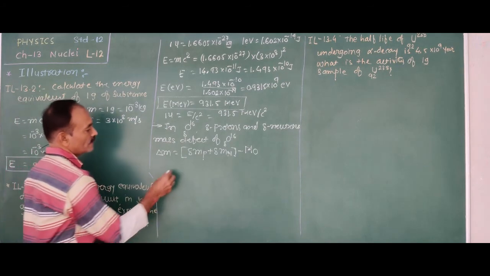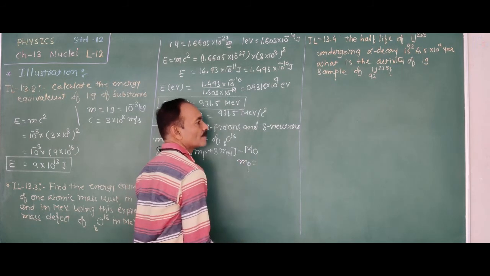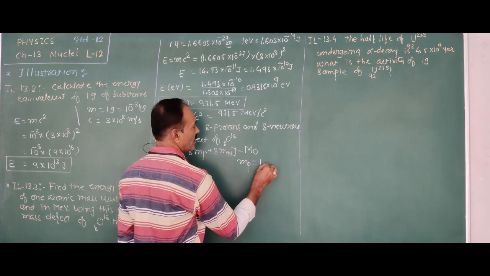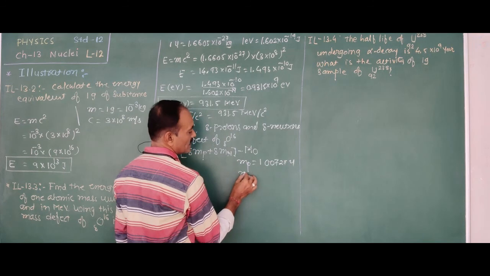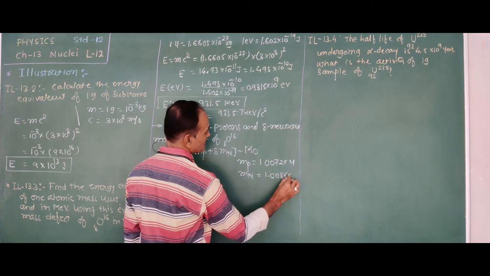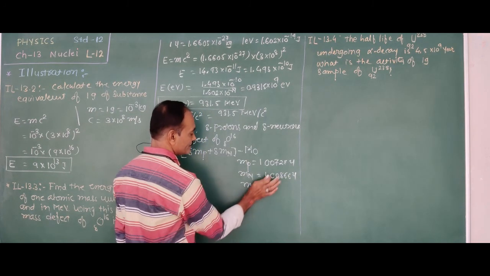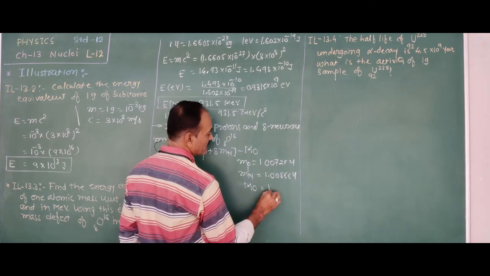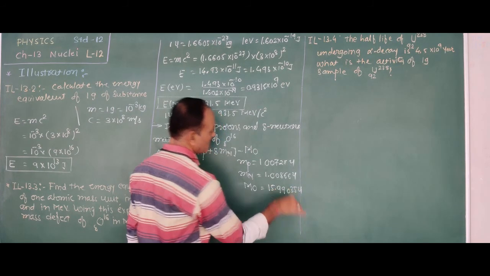The mass of the proton mp is 1.00727 atomic mass unit. The mass of one neutron is 1.00866 atomic mass unit. And the mass of the oxygen atom mO is 15.99035 atomic mass unit.